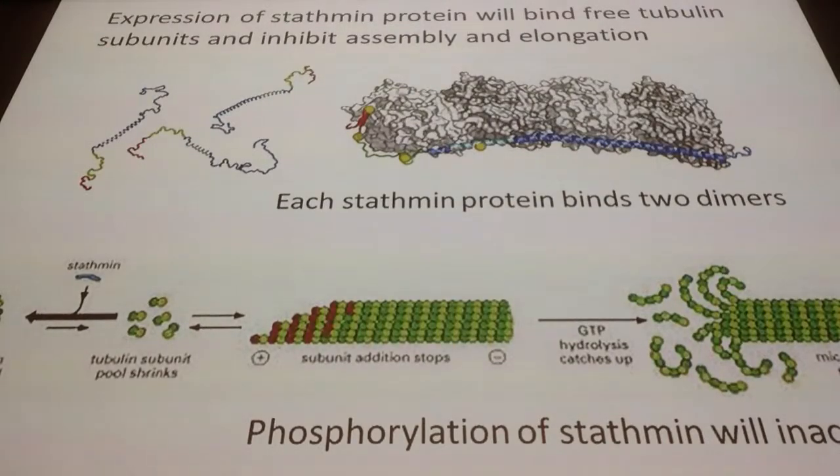So this is irrespective of what happens at the plus end of the microtubule. This is regulating whether or not the tubulin will be used for polymerization or not. It actually has the same activity as cofilin as well.